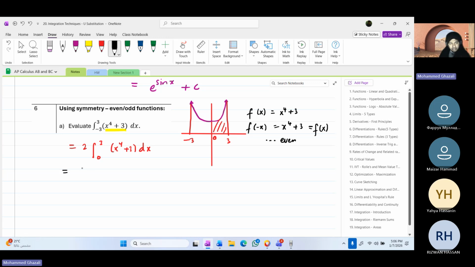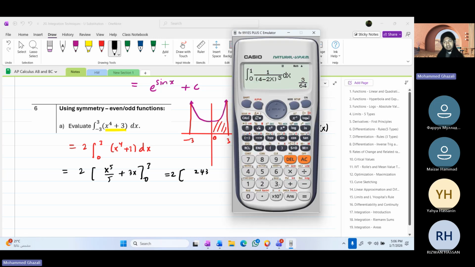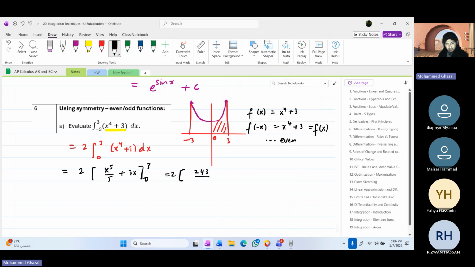Anyways, you can solve this integral 2 times, solve this x to the power 5 over 5 plus 3x, from 0 to 3. If I substitute 3 in here, 3 to the power 5 is 243. Can you use a calculator, guys? Come on. 3 to the power 5, 243, right? 243 over 5 plus 9.